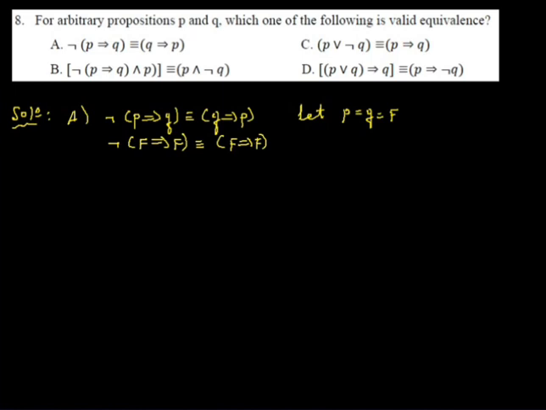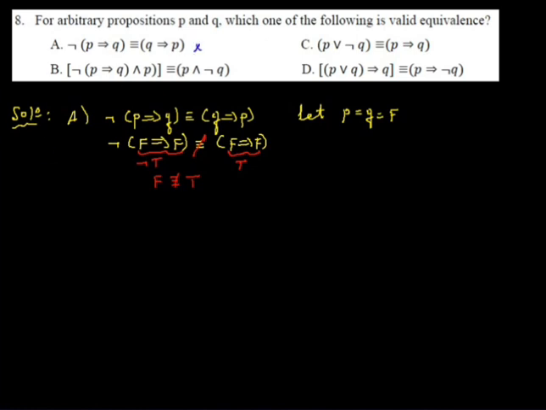Basically false implies false is true. This is true. Okay, the negation of true is not equivalent to true. The negation of true is false. False is not equivalent to true. So A cannot be the answer. A cannot be a valid equivalence.